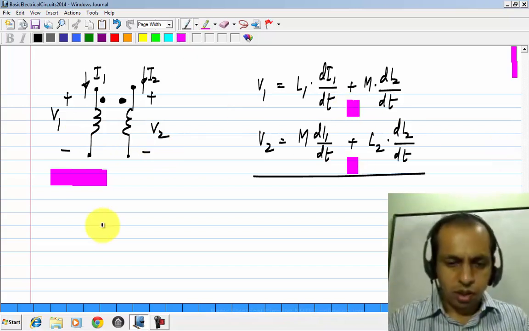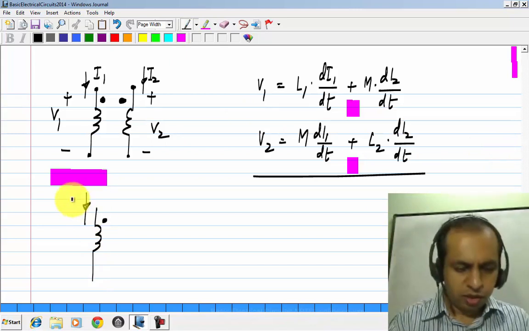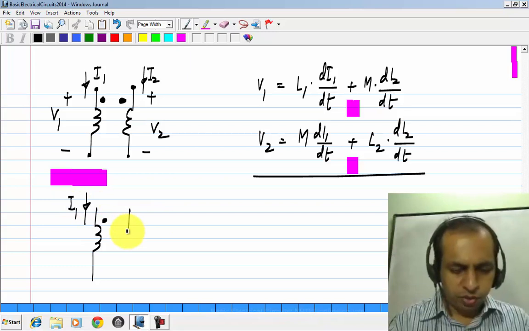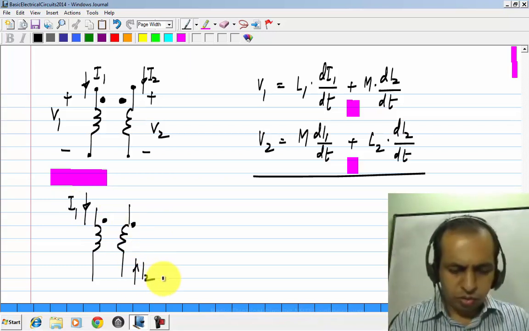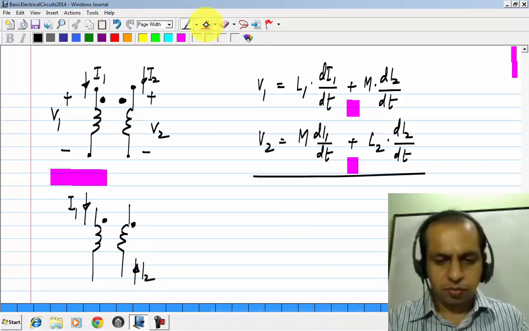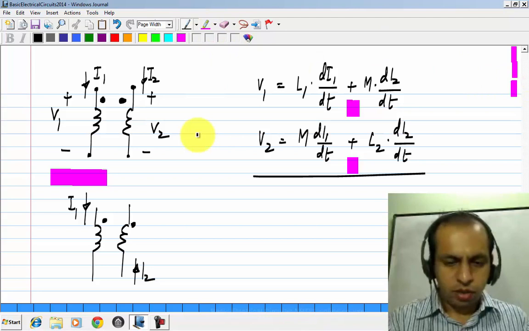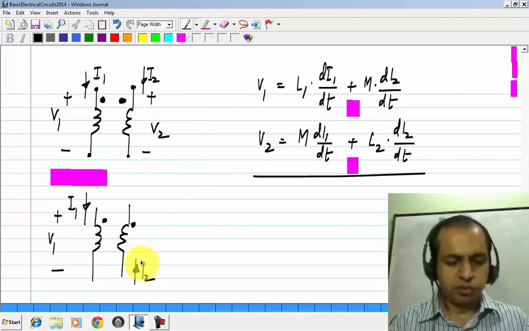If for whatever reason you choose to consider I1 flowing into the dot, and I2 flowing into the terminal without the dot, then of course you have to choose voltages consistent with passive sign convention.